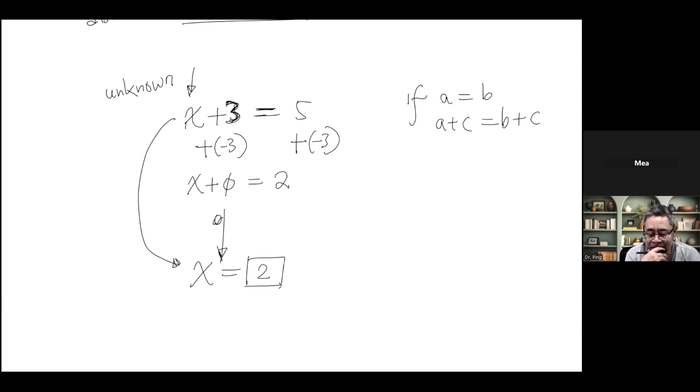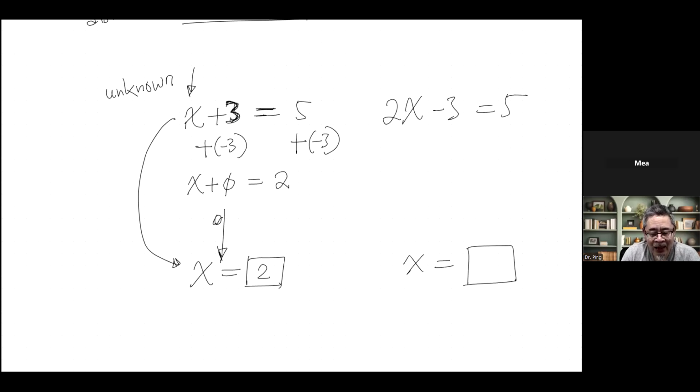Okay. This is a very simple one, but we can get a little bit more complicated. For example, 2x minus 3 equals, let's say, 5. So what do we do? Again, we're trying to get to here. And we can now either add or subtract or multiply or divide.